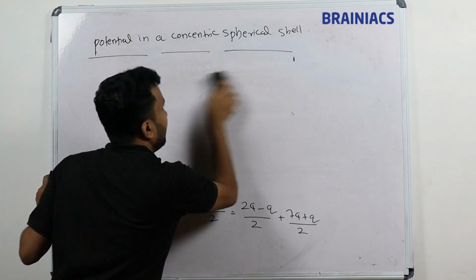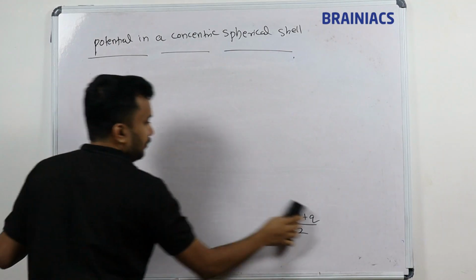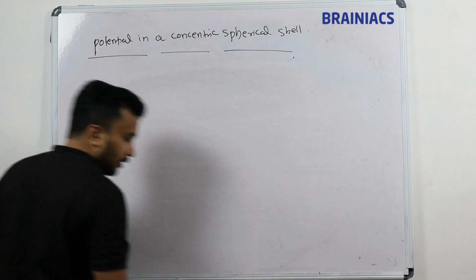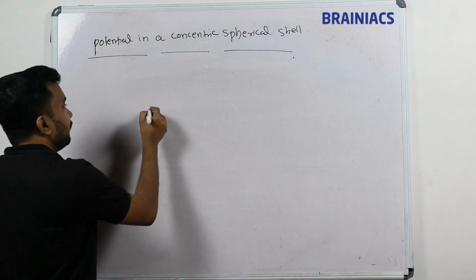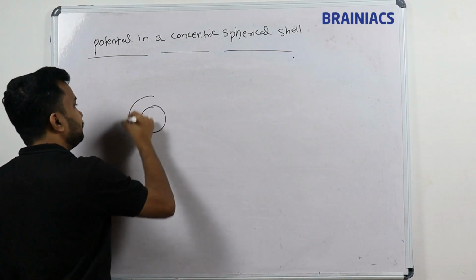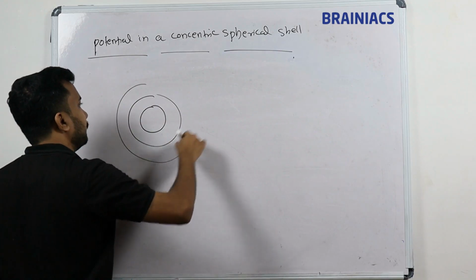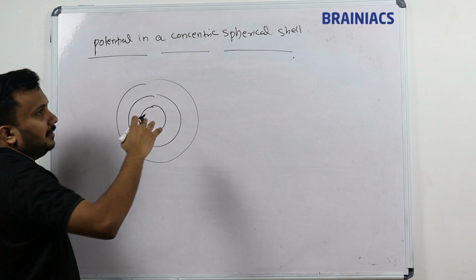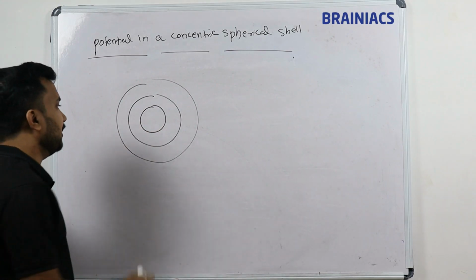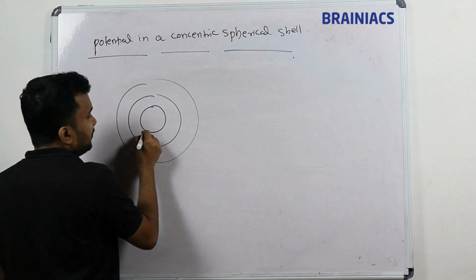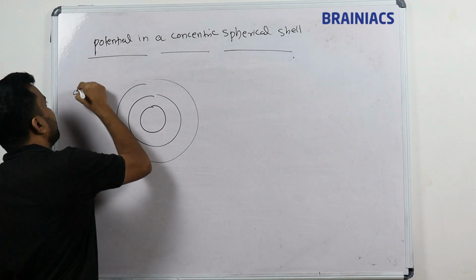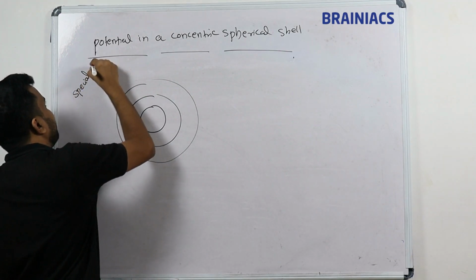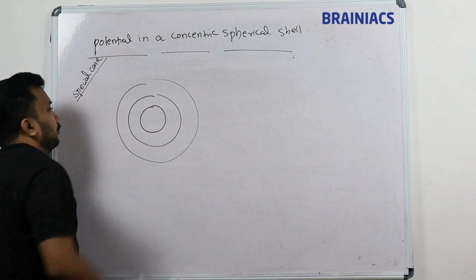Okay, so I have to tell you one more tricky piece of information. Normally they will ask you some questions like this one. They will give you a different radius, a different scenario. For example, this is one special case, so we will write a special case, and this must be there in your notebook.